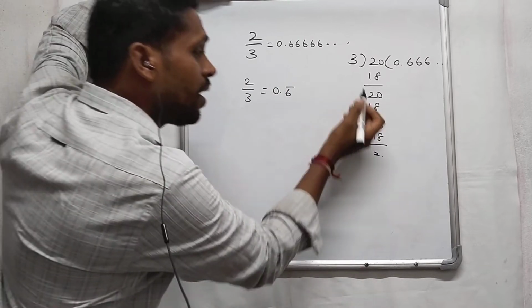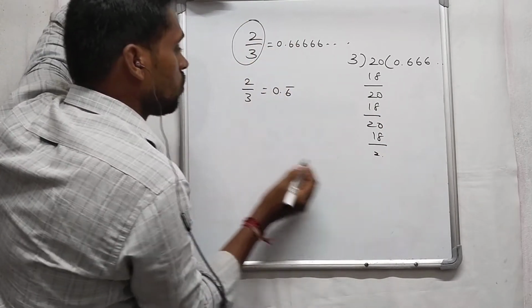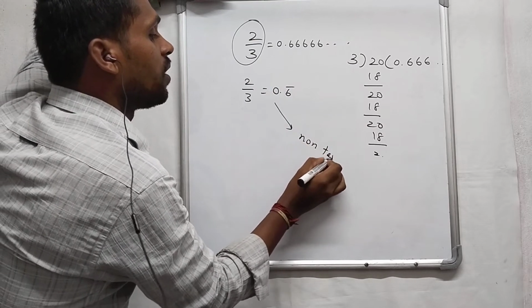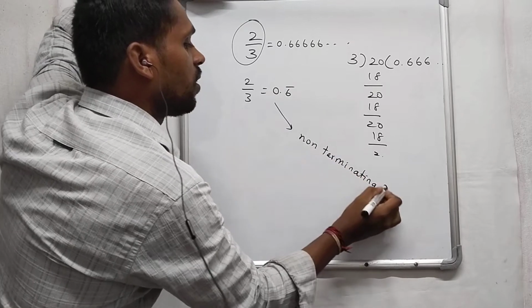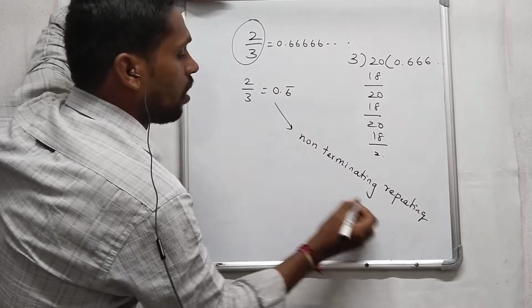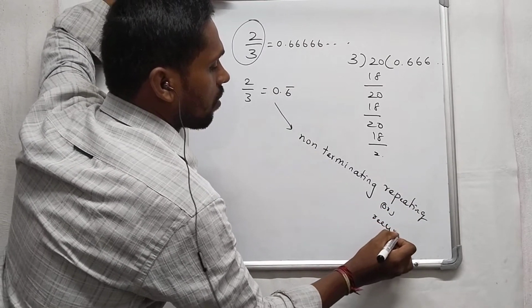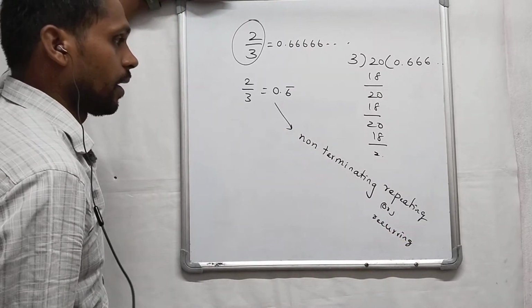So when it is in the form of p by q and the remainder never becomes 0, then we call that number non-terminating repeating or recurring.